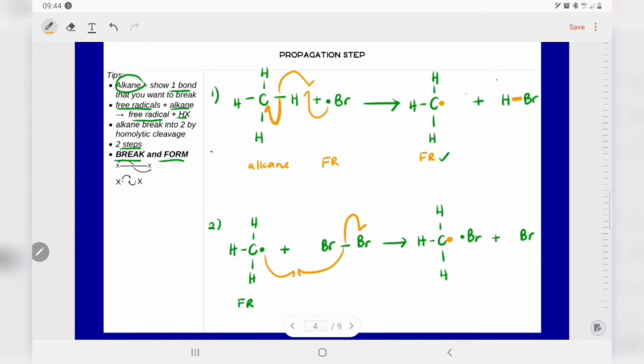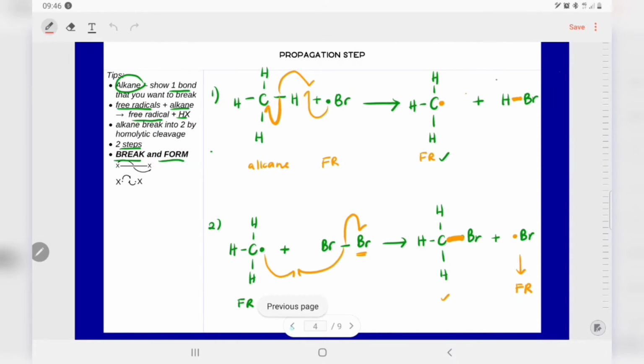Okay, C has 1 electron, Br has 1 electron. So 2 electrons will form 1 bond, and Br at the right has 1 electron. So now we have bromomethane. Okay, and we have another type of free radical.